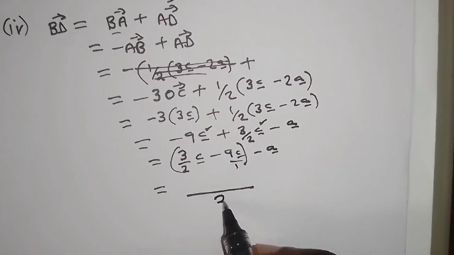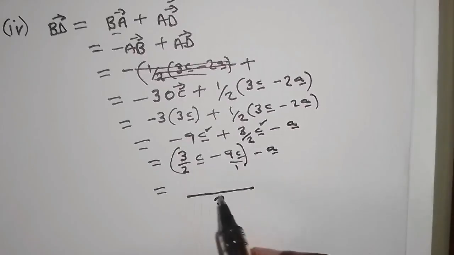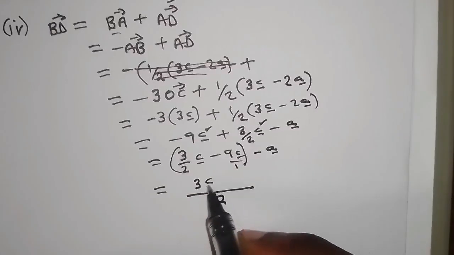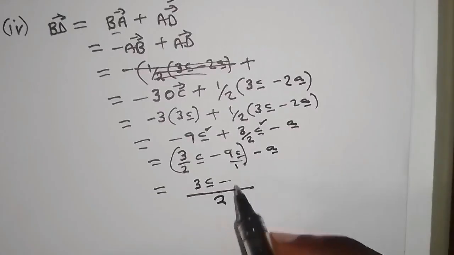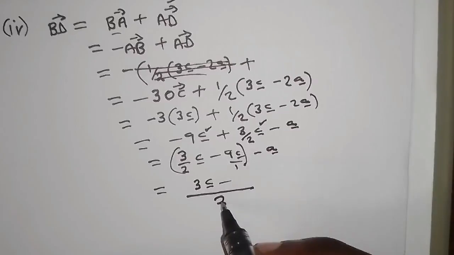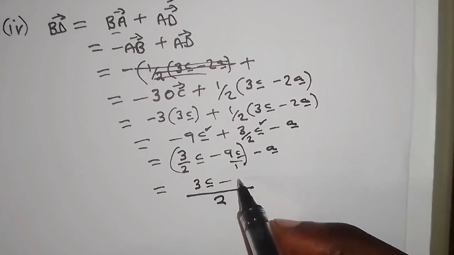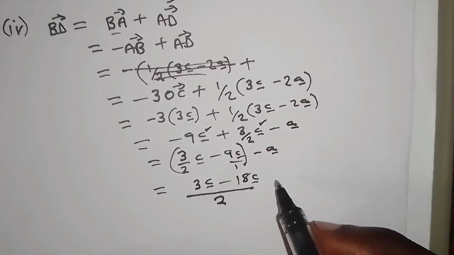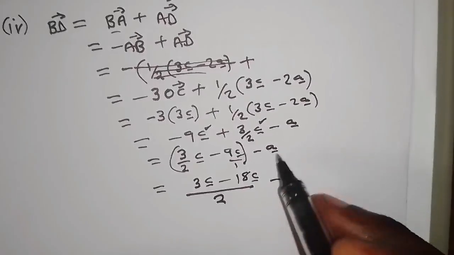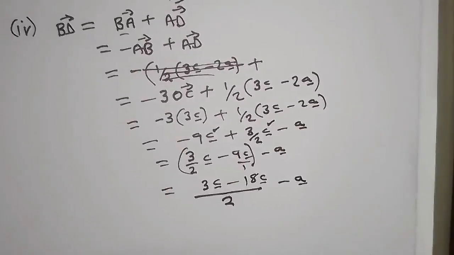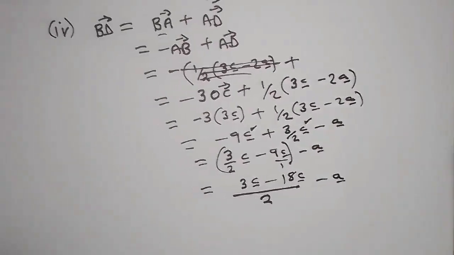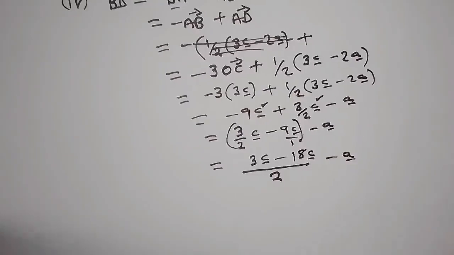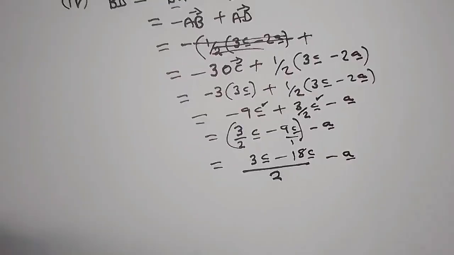So this will just be over 2. So 2 into 2 is 1 times 3 vector C, just 3 vector C. Then minus this one, 1 into 2 is 2 times 9 vector C, it is 18 vector C. Then minus A. Don't include the A, the A is just alone.